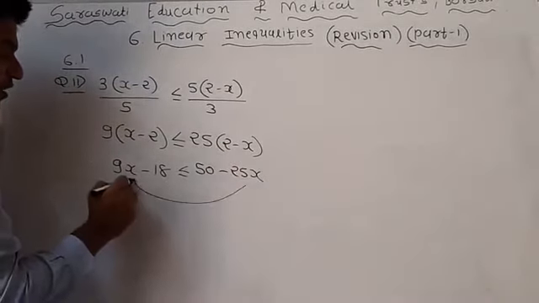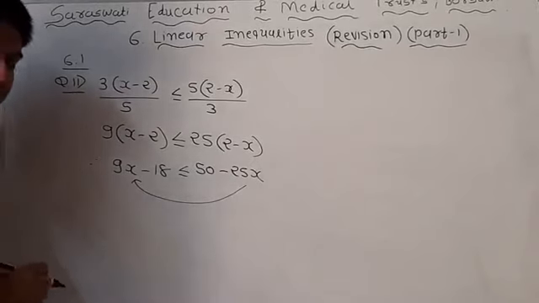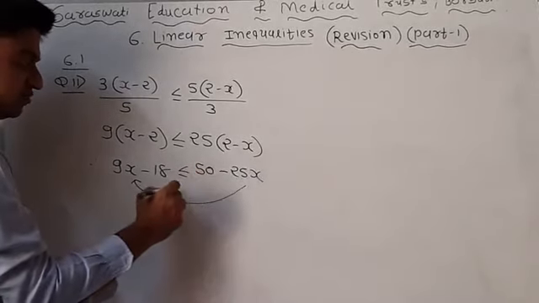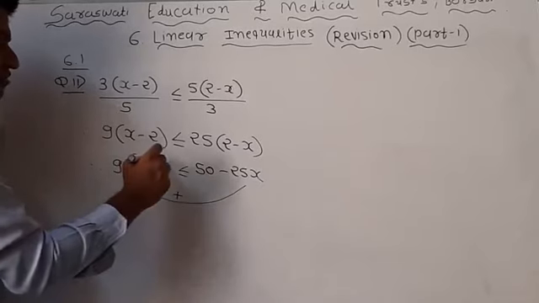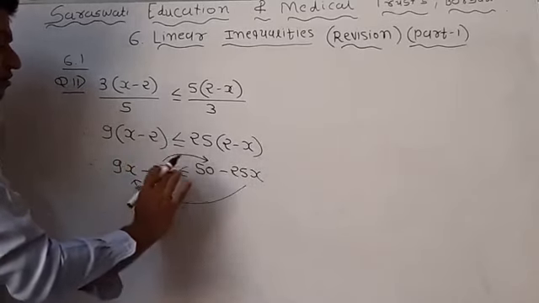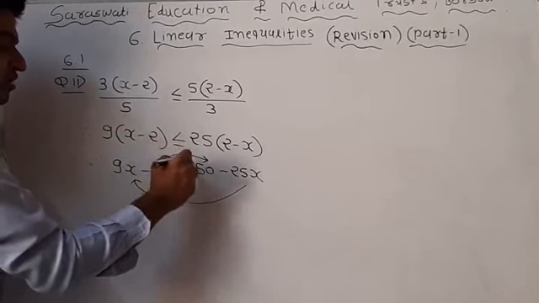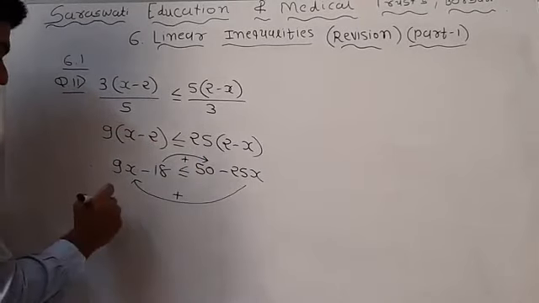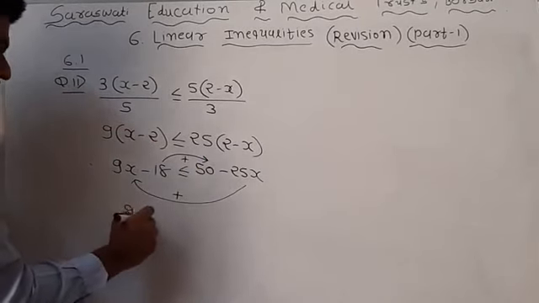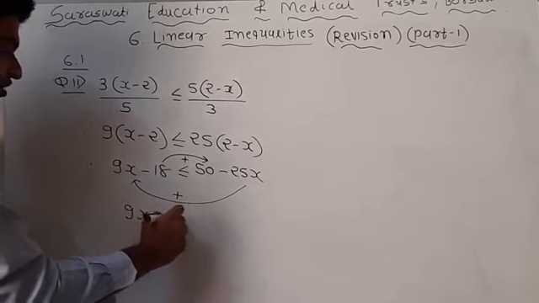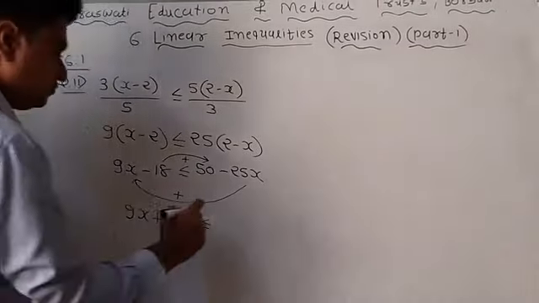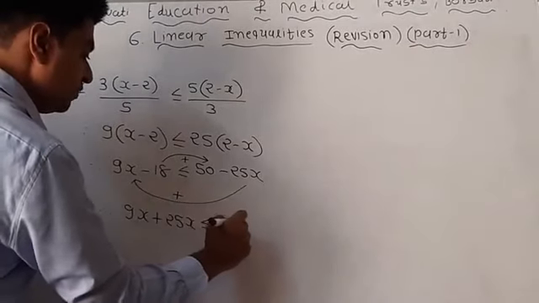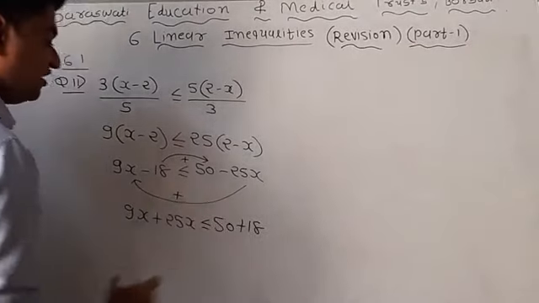Now 25x is written on the opposite side, here a minus sign is present, so we write plus. And 50 is present, so we write plus sign there. So therefore 9x plus 25x less than or equal to 50 plus 18.